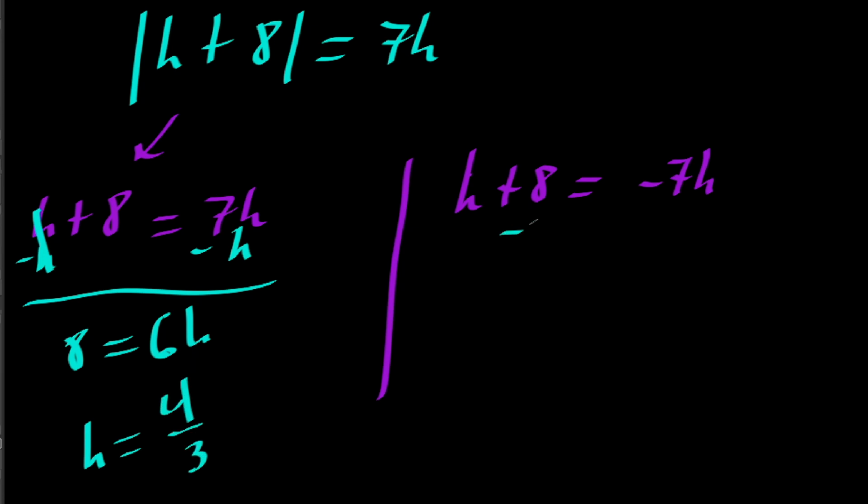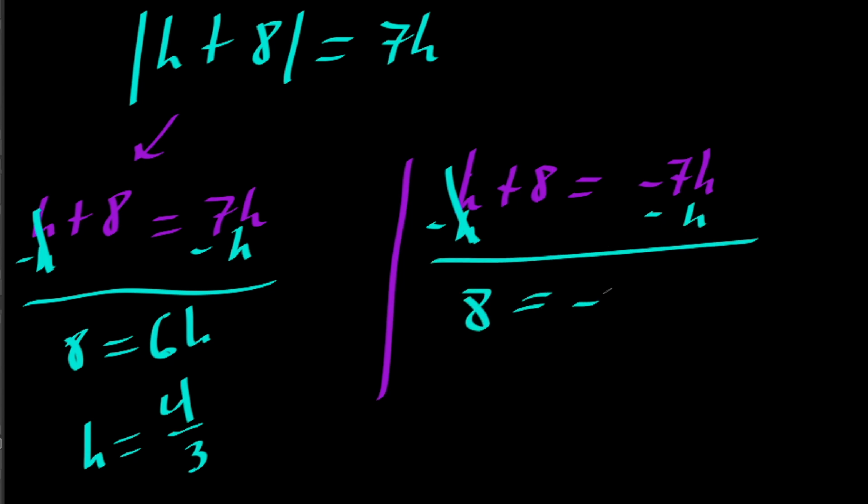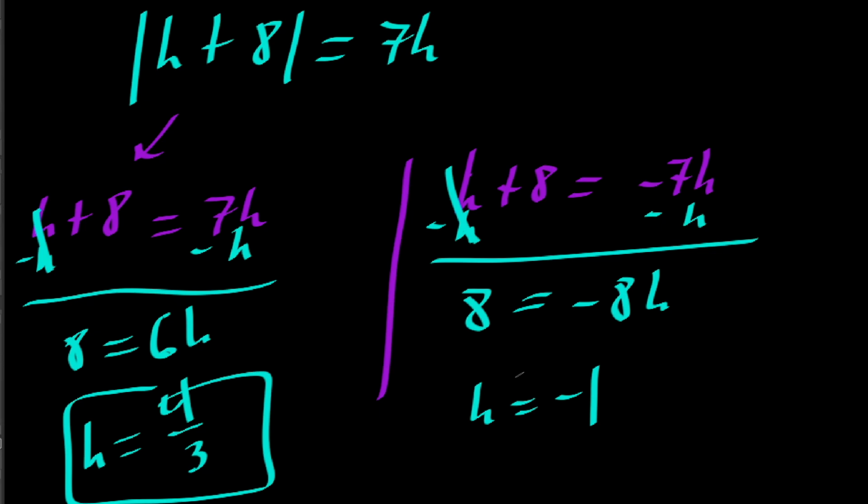All right, and I'm doing this one fast for a reason because this solving isn't really what I want you to pay attention to. It's the answers. So negative 8h, so then h is equal to negative 1. So there's our 2 answers. Now watch what happens when I plug those back in.